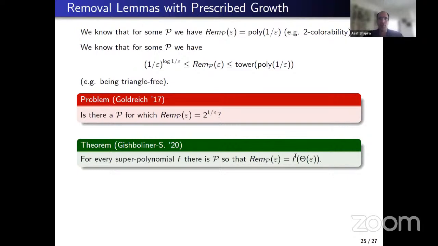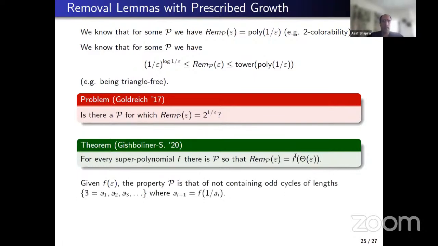We in fact proved that for every super-polynomial function f, there is a property whose removal lemma is exactly f of theta of epsilon. And actually, the property is very simple. You start from the cycle of length 3, and then you repeatedly apply the function f, and the property is not containing a cycle of any of these lengths.